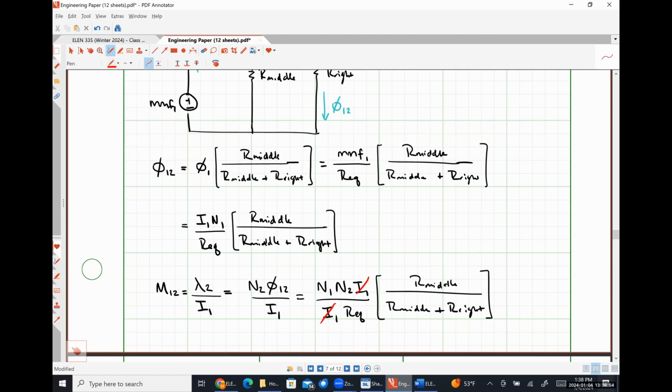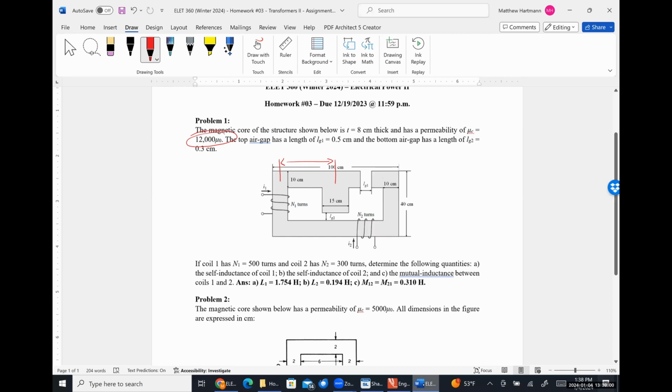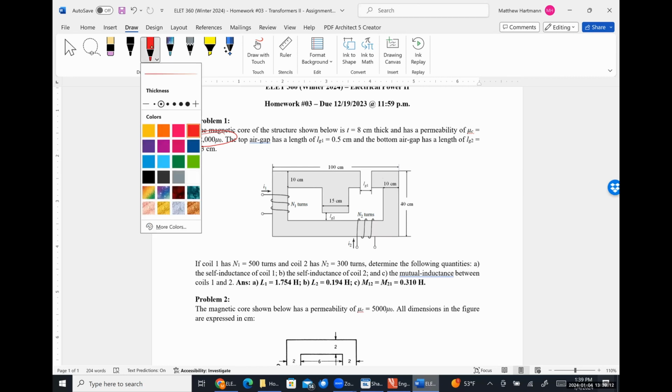Now the only thing that we need to pay attention to is our directions here. Let me do this one. Yeah, let's do it in red, right?